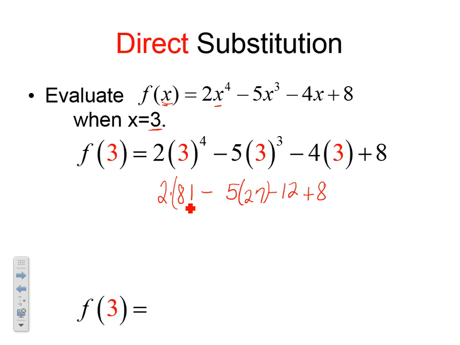And now we can just do this in our calculator. 2 times 81 minus 5 times 27 minus 12 plus 8 gives me a whopping 23 for a value. So that's what we call direct substitution. We've never used the word direct before, but that's what it means.